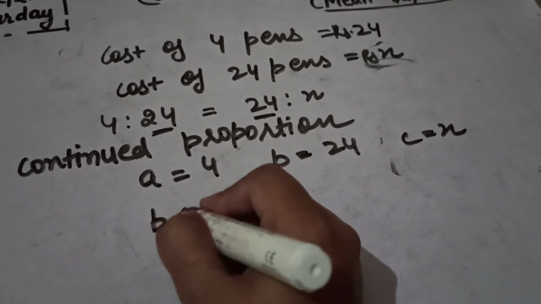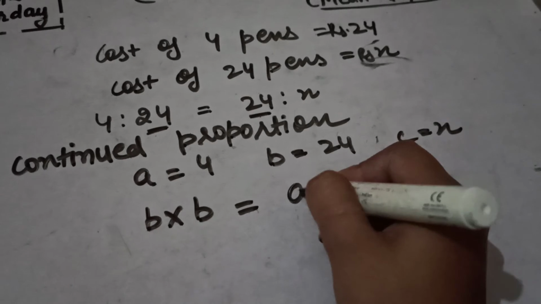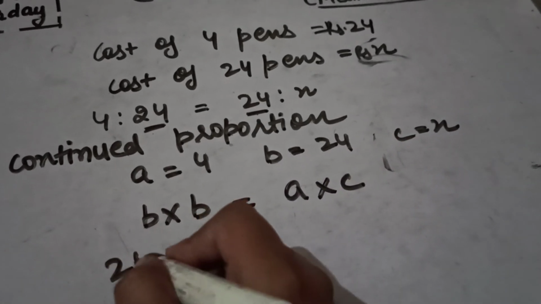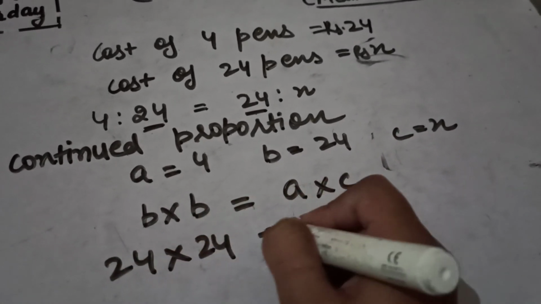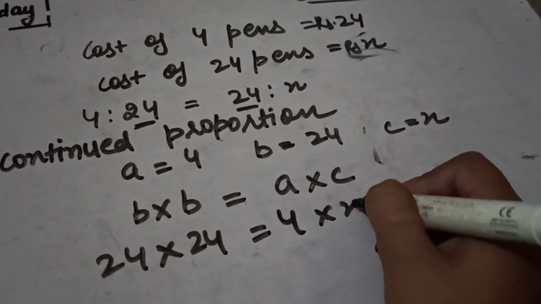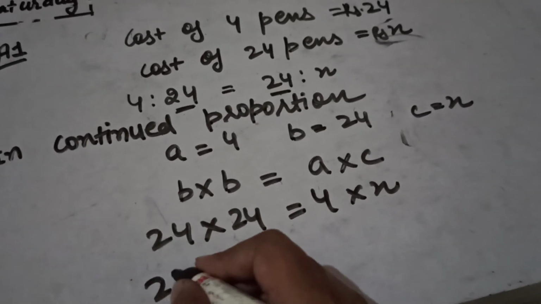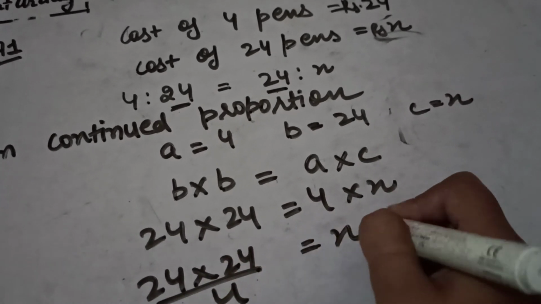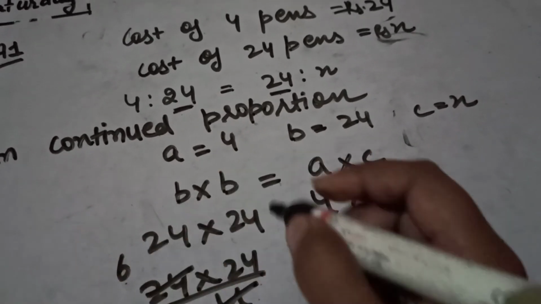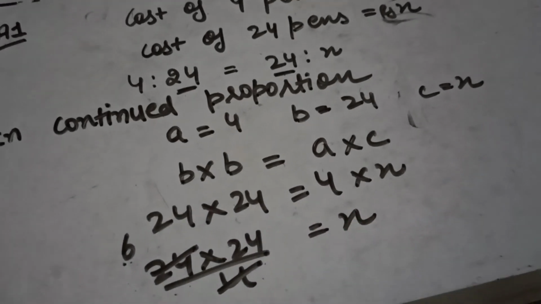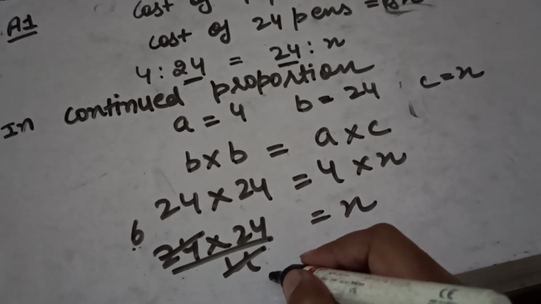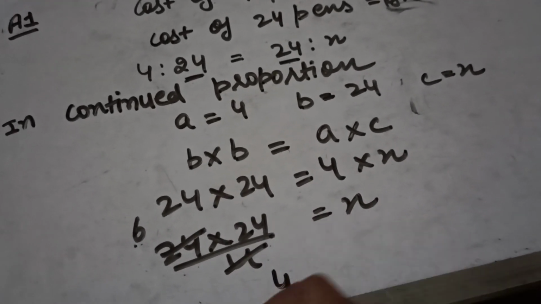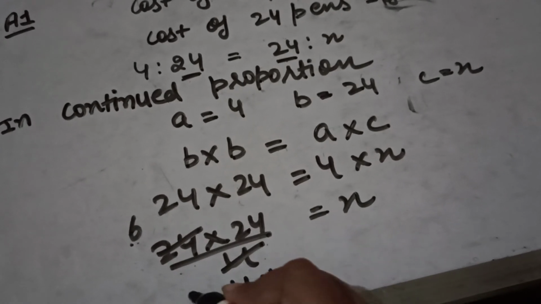B cross B equals A cross C. 24 multiply 24 equals 4 multiply x. This 4 will come this side and equals x. 4 sixes are 24. Now 24 multiplied with 6. 6 fours are 24. 2 sixes are 12 and 2, 14.